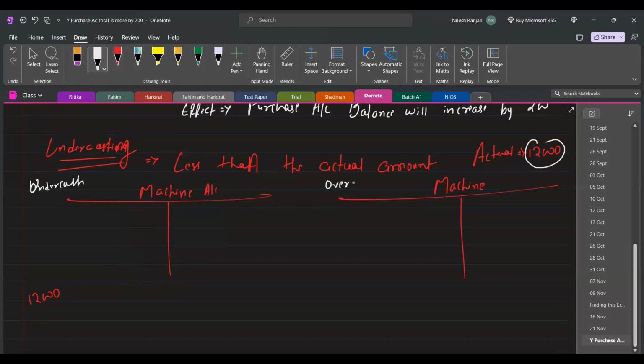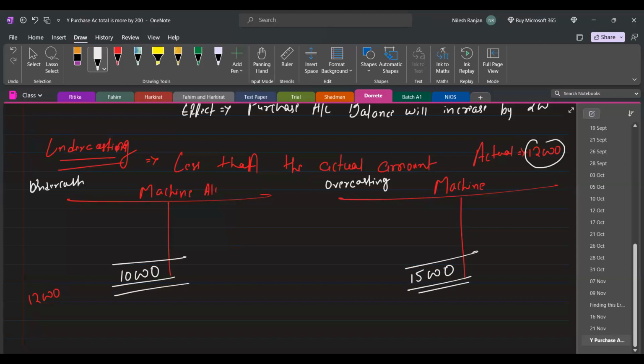I'm giving you both examples. Just tell me the answer. I will not tell you the answer, you have to tell me. In undercasting, you will write less amount, let's say 10,000, and in overcasting, you will write more amount as total, let's say 15,000. The actual balance should be 12,000.